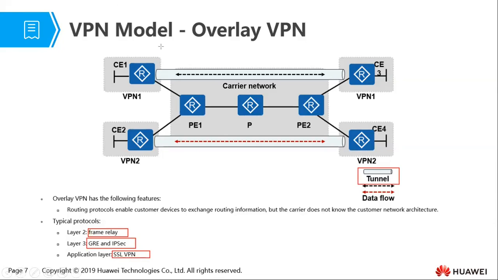As I've said, an overlay VPN simply establishes a tunnel between two CE devices, like between the headquarters and the branch. You can also create a tunnel between two PE devices.